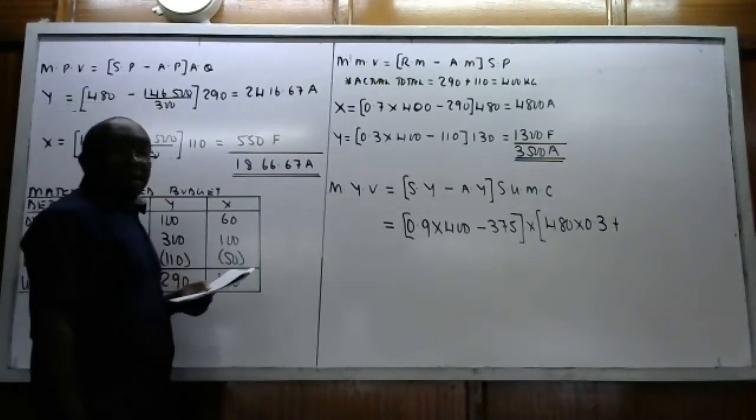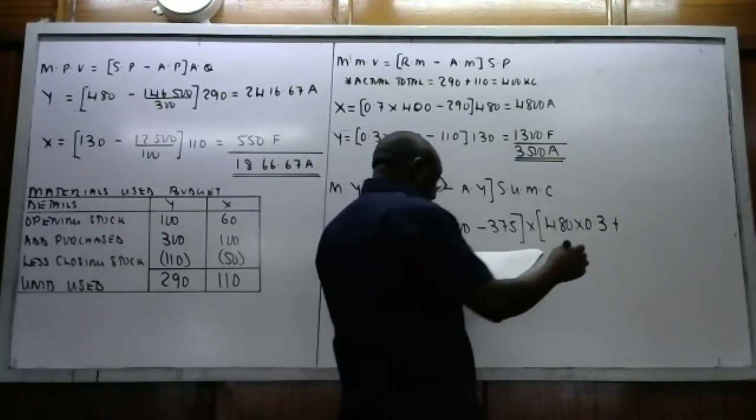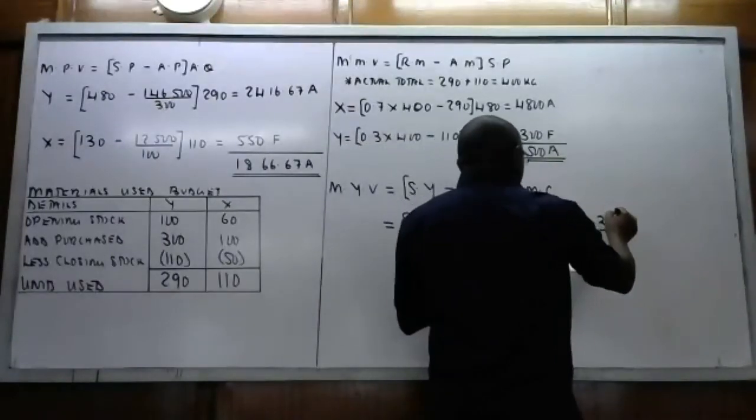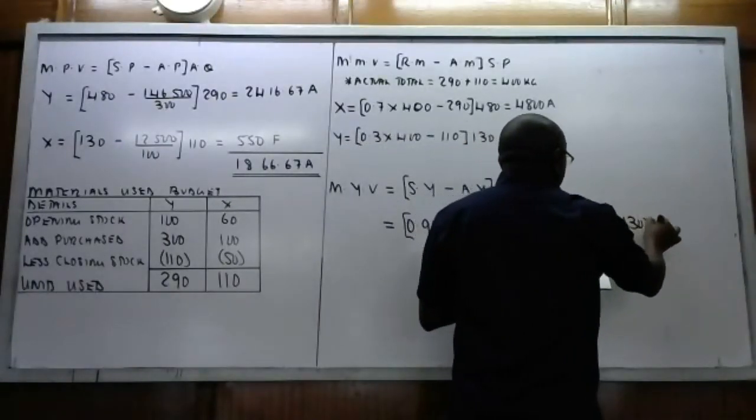So we have mixed up, but we have to proceed. Then this other one is 130 times 0.7.